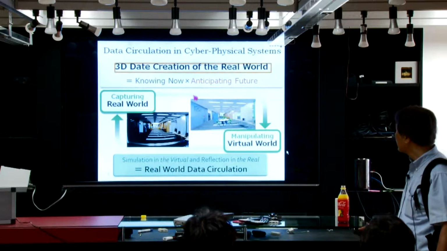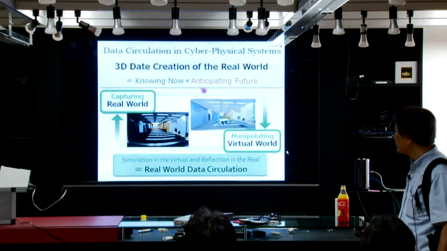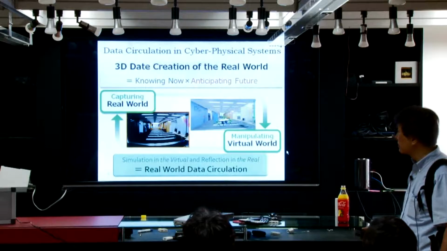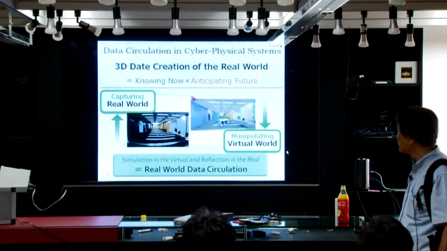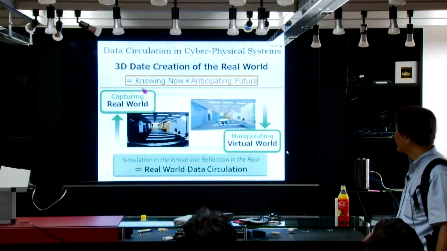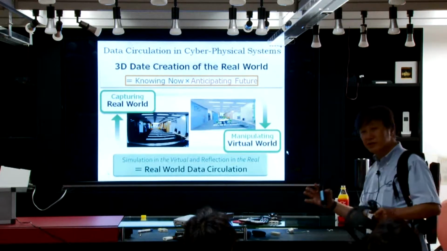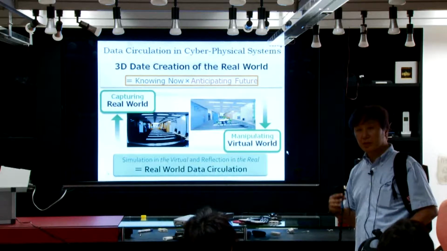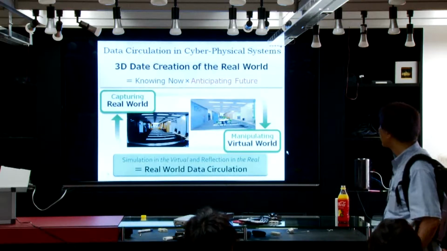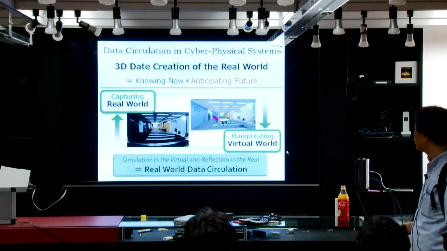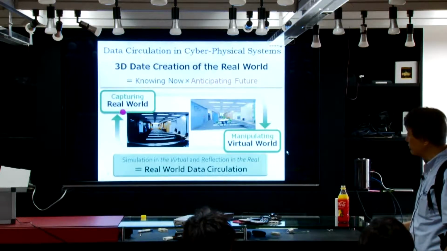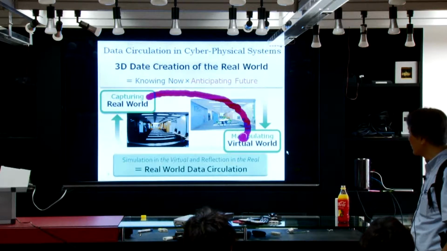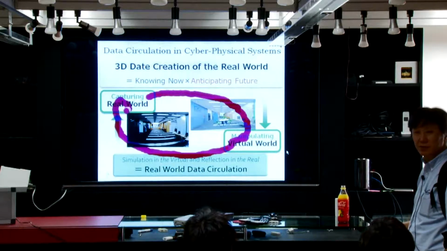So by capturing the real world, we can know the current status of the real world, and then manipulate the virtual space to anticipate the future. So this is like a data circulation: capturing the real world, manipulating the virtual world, and feeding back to the real world.